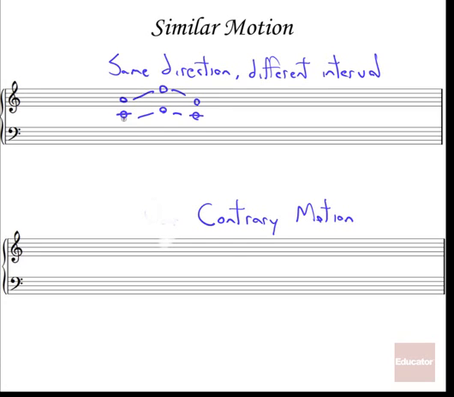So if up here we had this C, starting with this sixth again, C and an A, and the C moves up to the D, now the A needs to move in the opposite direction. So the C went up, so the A can move down to F, and then again, as this D moves down to C, now the F needs to move up, and let's say it moves up to C.